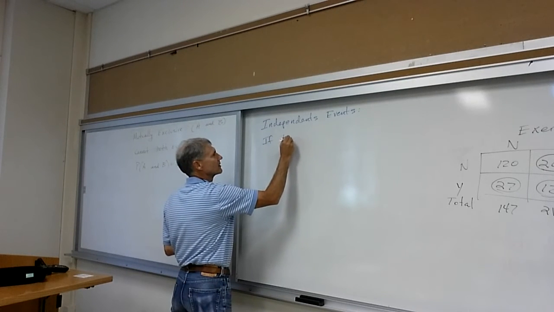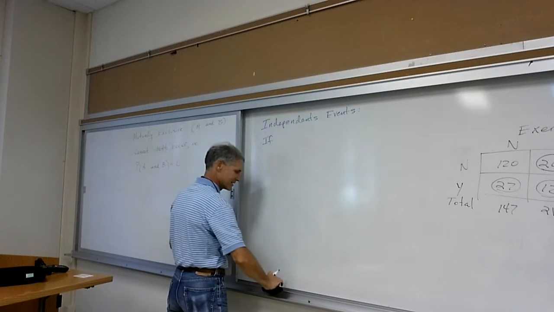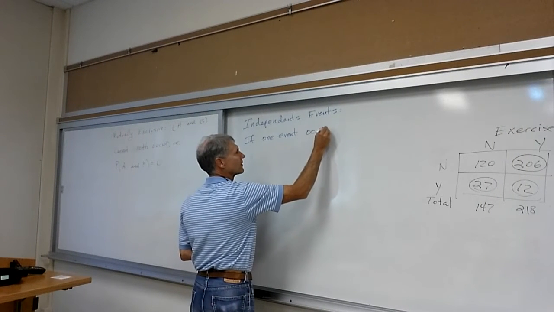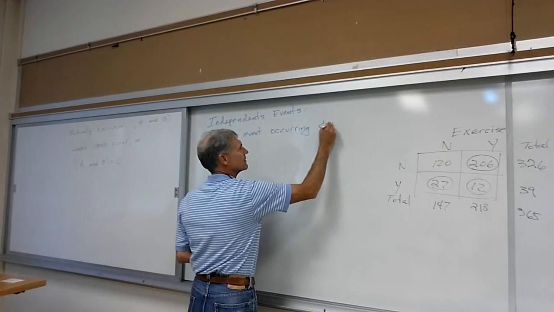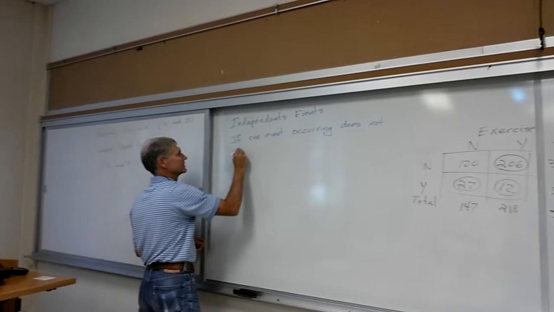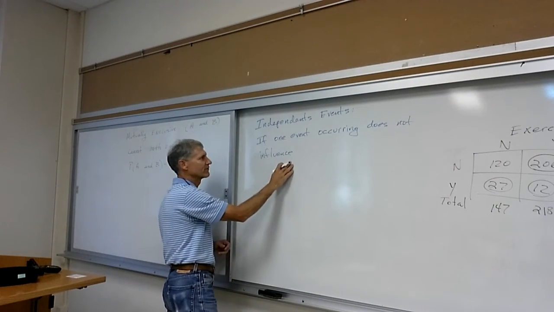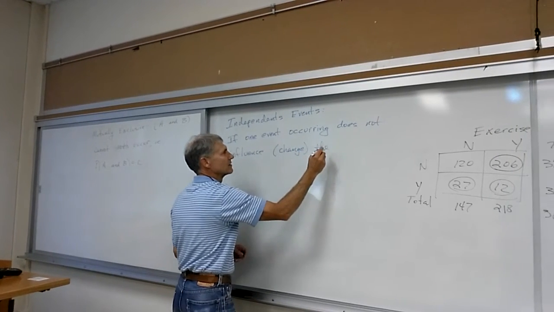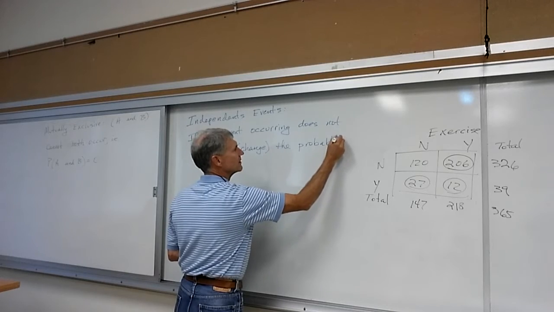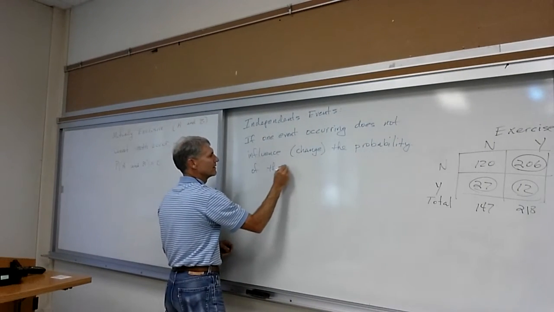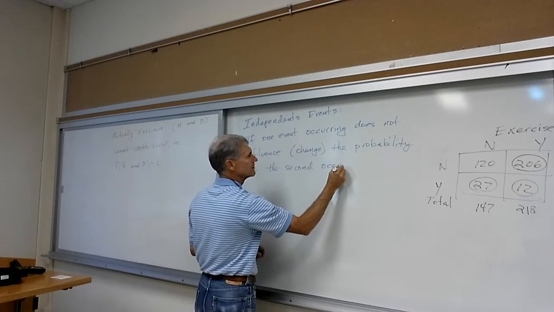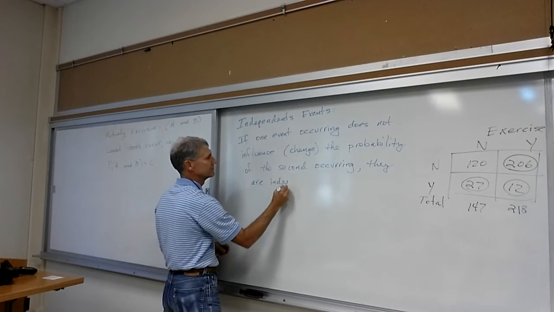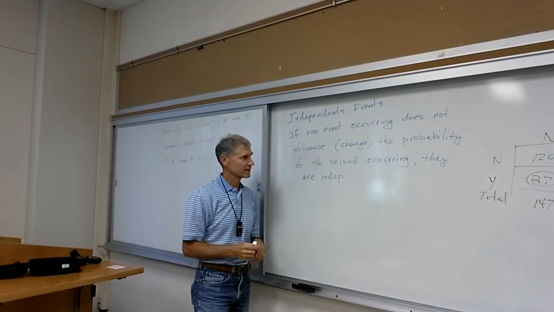If one event occurring does not influence, that's the book's word, influence, and I'm going to put in parentheses, change the probability of the second occurring, they are independent. So it does not rely on something else. Right, exactly. It does not rely on it.